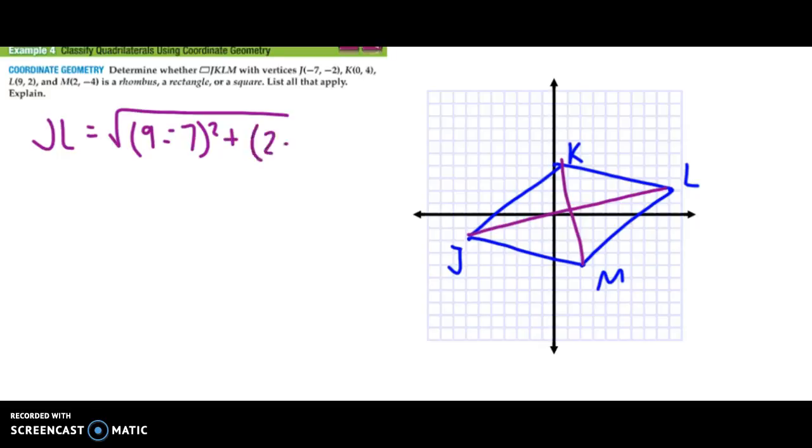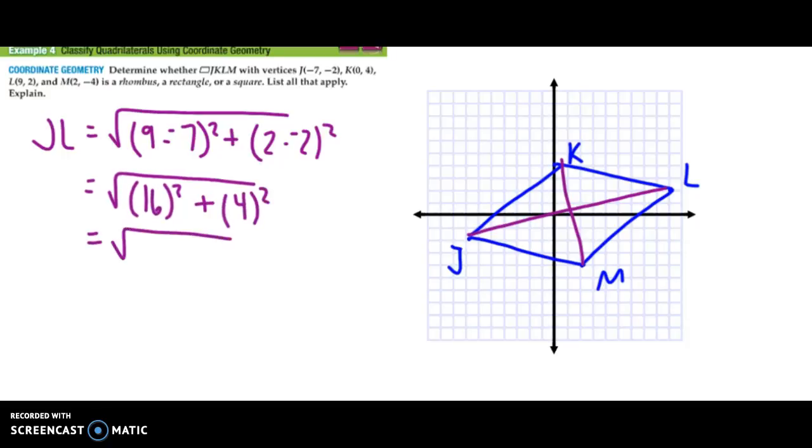That would be 2 minus -2 squared. Okay, so 9 minus -7 would be 16 squared, and that would be 4 squared. So we have 256 plus 16.